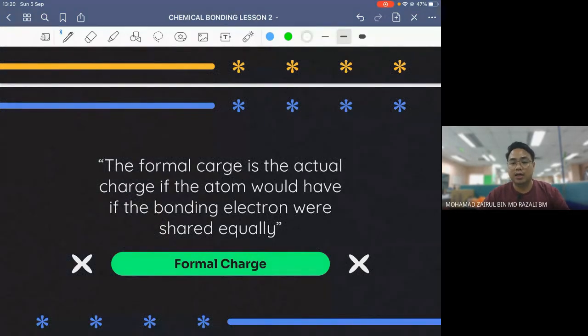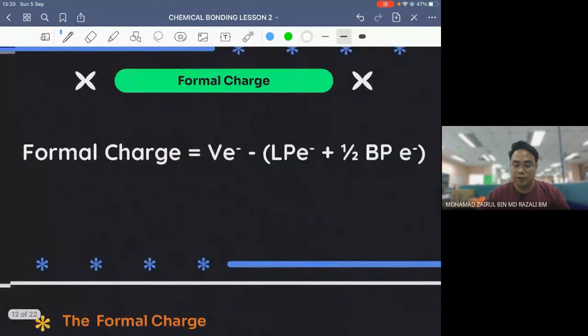And in order to calculate the formal charge, we have a formula.